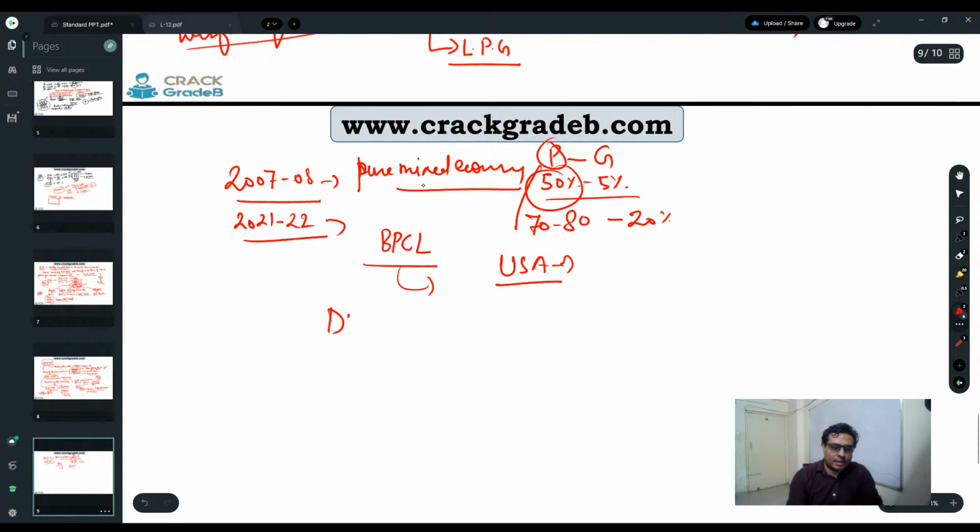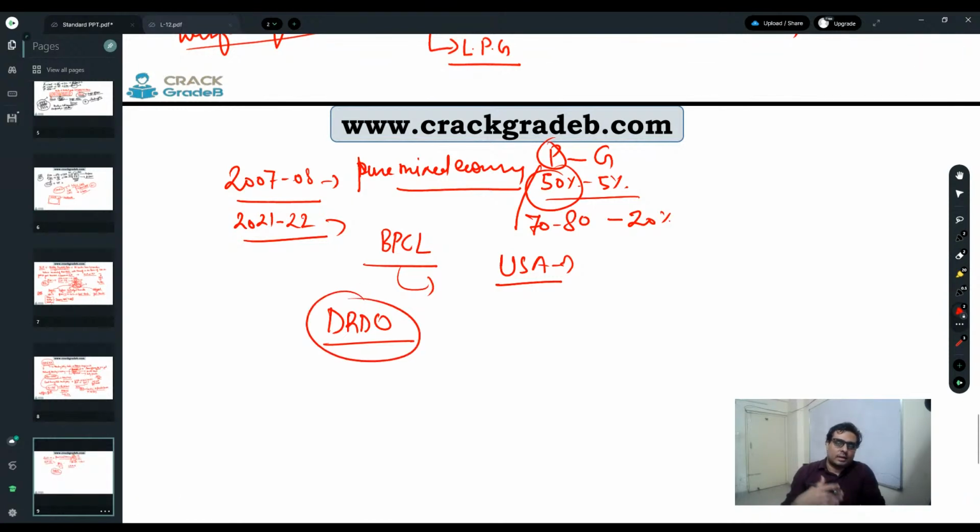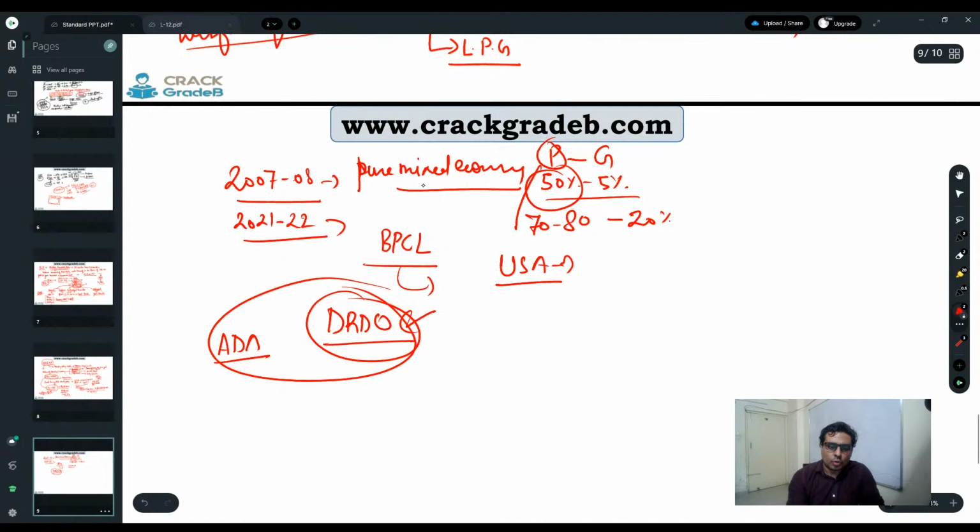In India we have DRDO, which means all defense research and development, all the arms and ammunition is made by this organization. For example, any missile under development, or fighter planes, that is the Aeronautical Development Agency. Again, both are government owned.